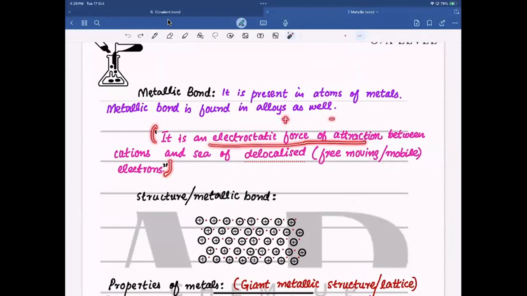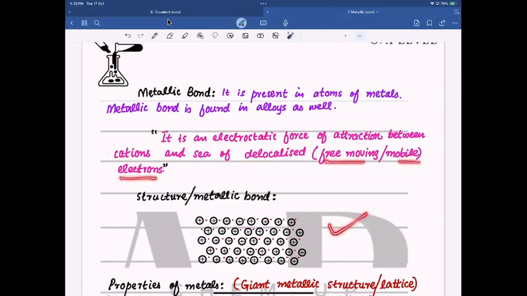Because opposite charges are attracting each other, between cations, the ions which have positive charge, and delocalized electrons. Whenever we use the term delocalized, it means freely moving. So instead of delocalized, you can also write free moving or mobile electrons.